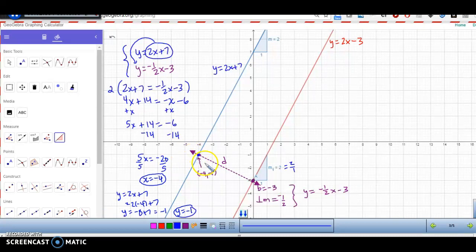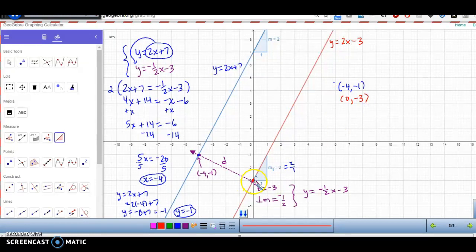So now we have confirmed this point. Even if we didn't have the graph, we would know we have the point -4, -1. That is the point of intersection of my purple perpendicular with the blue line. And then we have this point over here, my y-intercept, which is 0, -3.